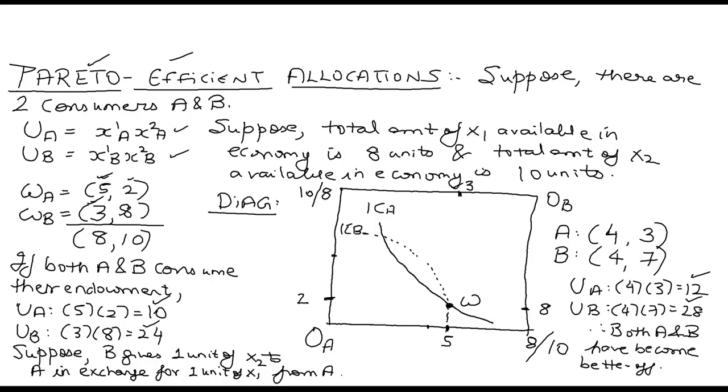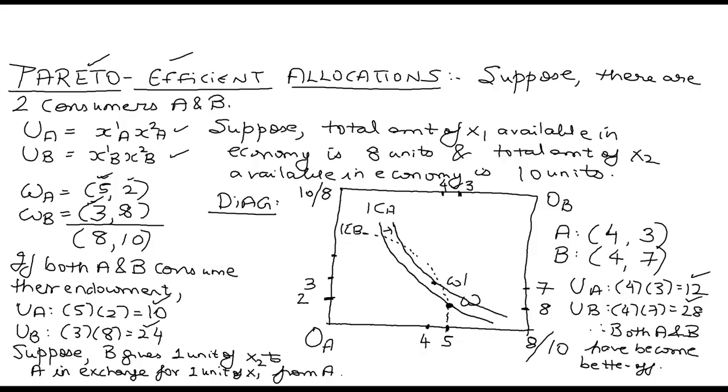Where have they reached? If you look at the diagram, this is 4 and this will be 3. And you can see this point will be 4, and this point from B's origin will be 7. So you can see A has also gone to a higher IC. This point is omega dash. A has also gone to a higher IC from A's origin, and you can look at B also.